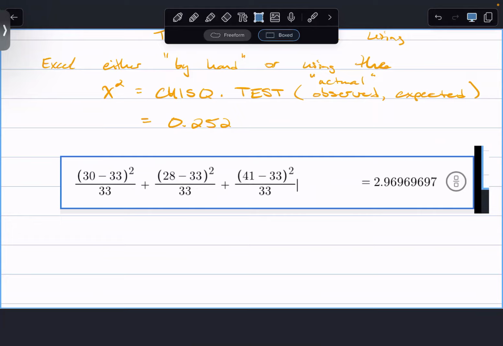Oh, does it spit out the p-value right away? Maybe. Here it says chi-squared.test returns the test for independence, the value from chi-squared distribution for the statistic and the appropriate degrees of freedom. Because we're not doing a test of independence. What are we doing? We're doing a goodness of fit test.